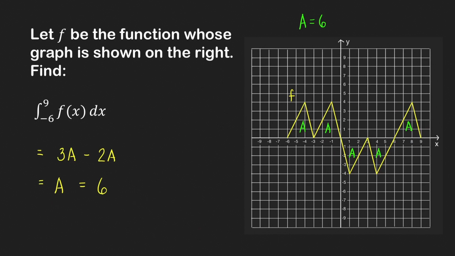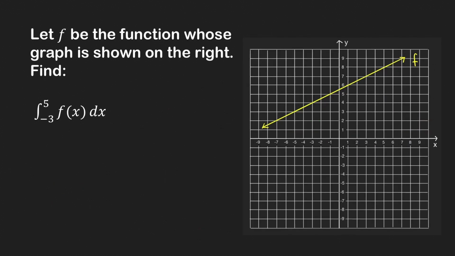Now let's consider a different function. Suppose we want to calculate this definite integral from -3 to +5. So here's the graph of the function f, and it is clear that the function f is non-negative on the closed interval -3 to 5, which means that the value of this is positive.